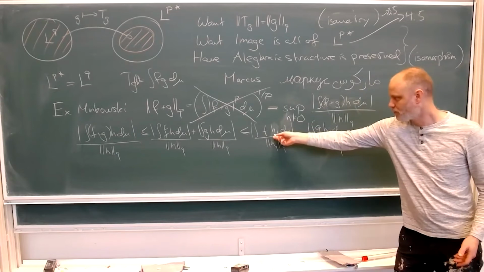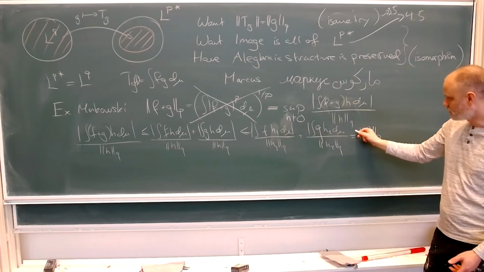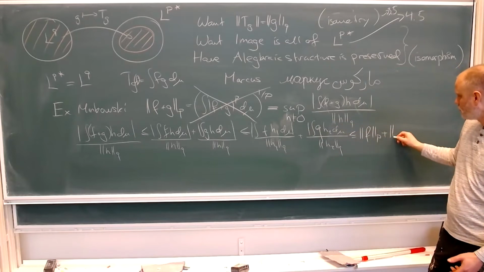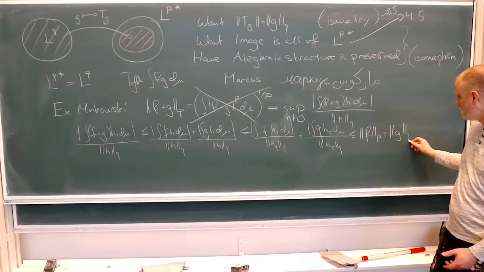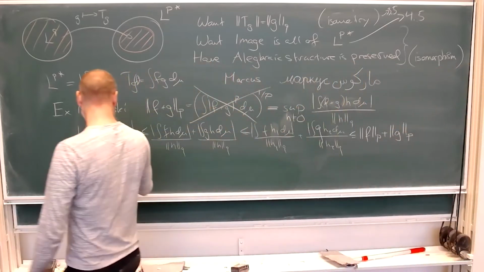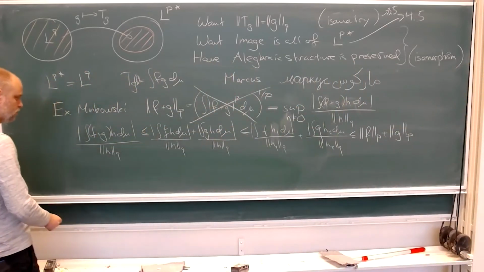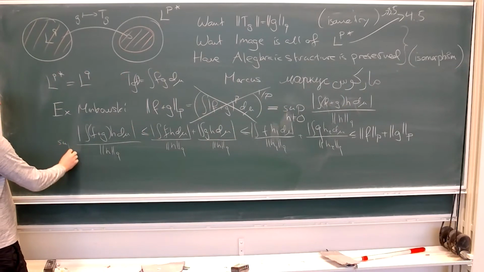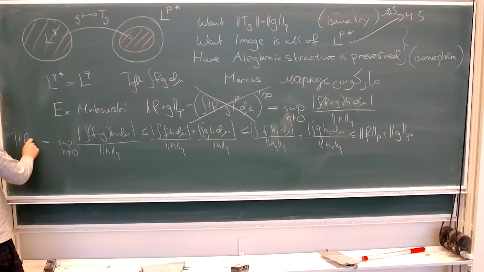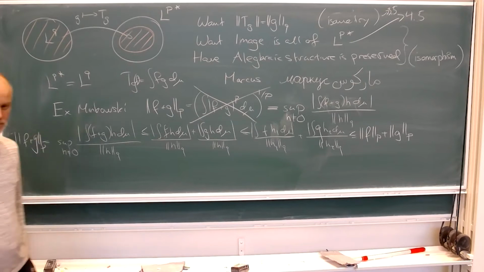So now I just have a particular h1, so this is less than or equal to the norm of f in p, and same here, this is less than or equal to the norm of g in p. So this is true for every h, h1, and h2. Now I just throw a supremum here, and I have on this side the norm of f plus g in p. You see?